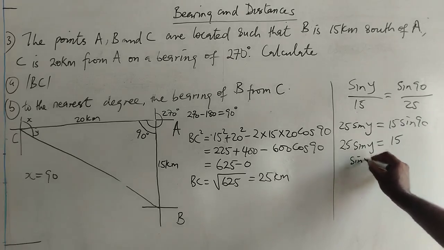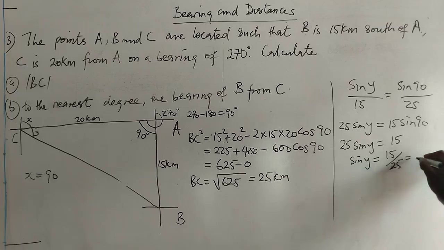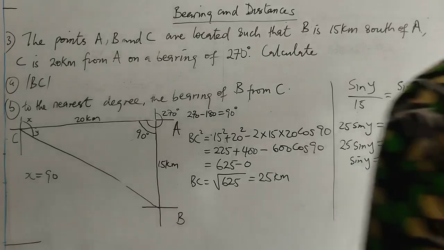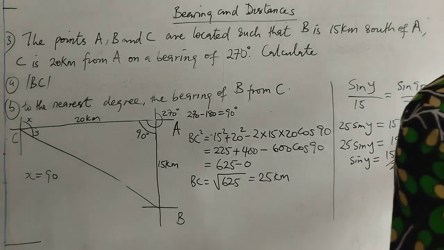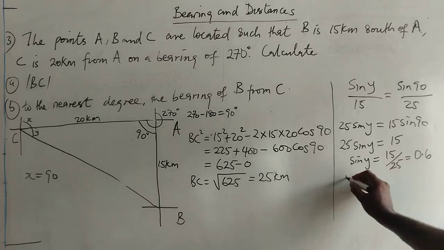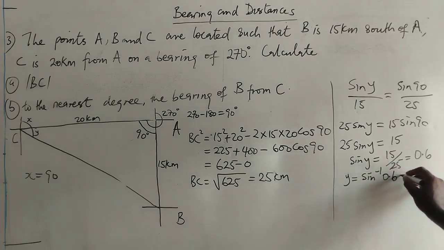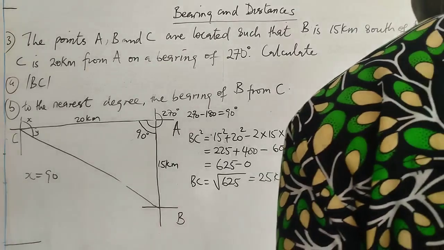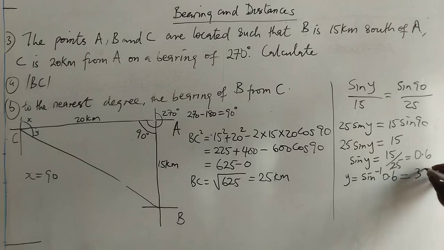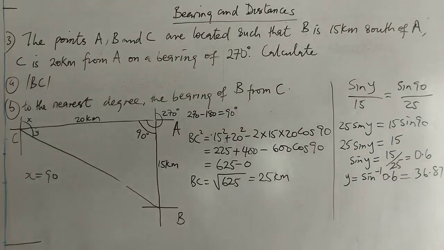So sine Y is equals to 15 over 25. That will give you 0.6. Then Y is now sine inverse of 0.6, which will give you 36.87 to 2 decimal places.